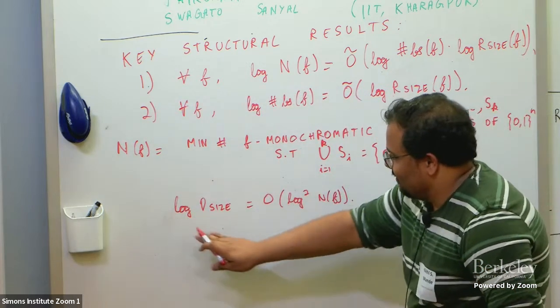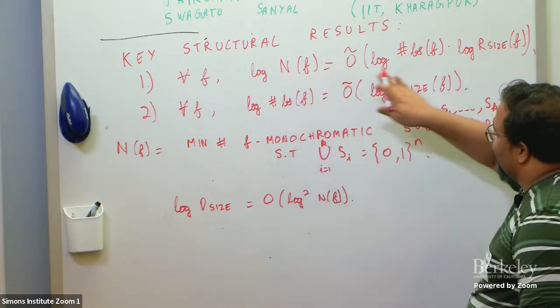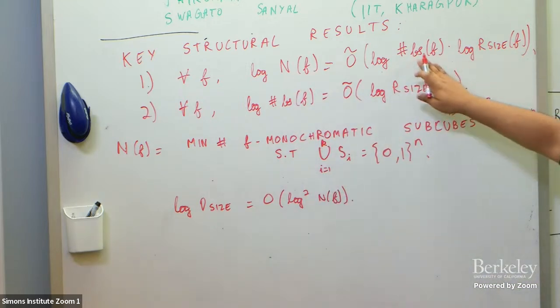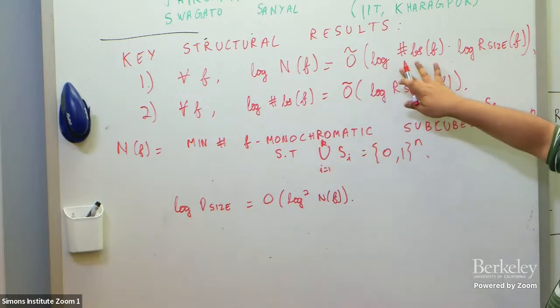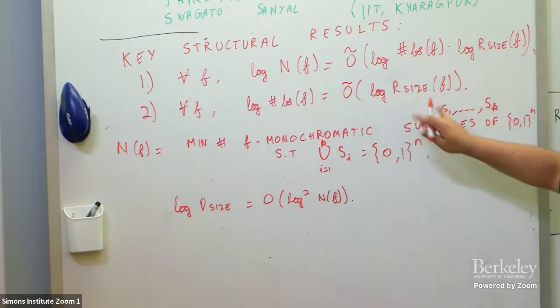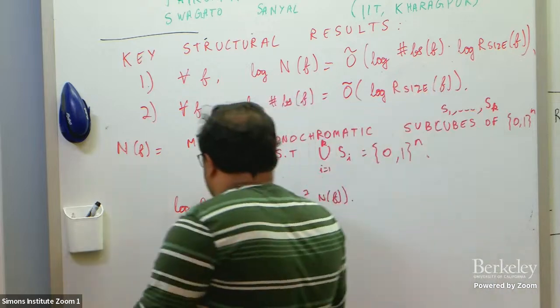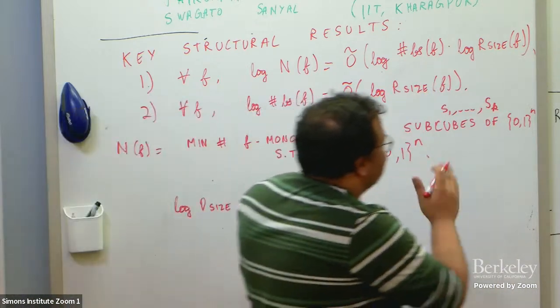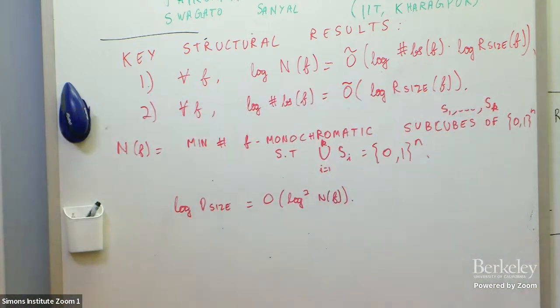So if I put this in over here, I substitute N of F, and then I substitute log block number by log R size. I hope I haven't written things wrong, but this should imply this.